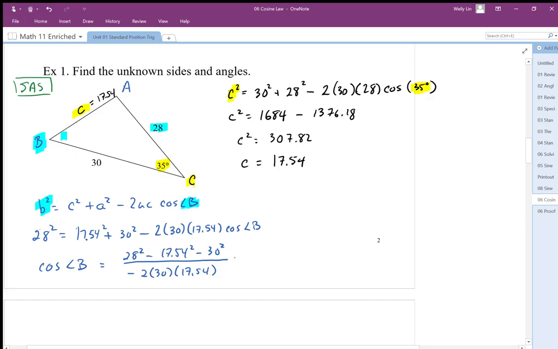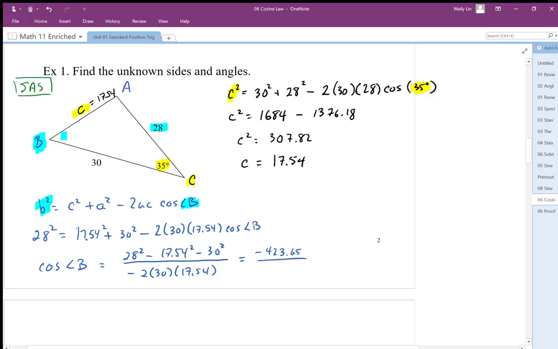Putting that into my calculator, there's a lot of calculating there, so I just have to be careful with my brackets. 28 squared minus 17.54 squared minus 30 squared equals negative 423.65.